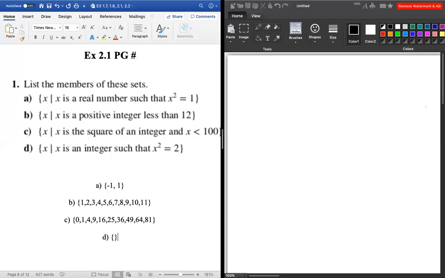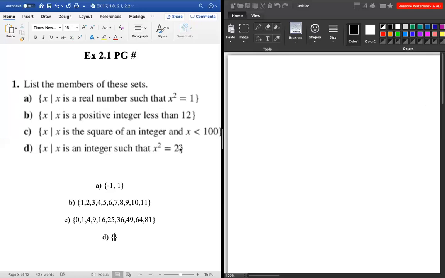Part D. We have to find all the numbers such that x squared equals 2. If we take, let's say, 0, then 0 squared is not equal to 2, 1 squared is not equal to 2, 2 squared is not equal to 2.